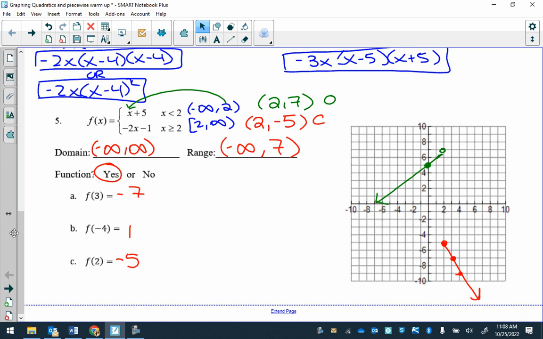Just knowing that whatever's in your domain given to you, you could rewrite it in interval notation, substitute that value in to see where your starting point is. That shows you your starting point. You know when it's going to be open or closed, then you use additional values to see the direction of your line. Any questions?